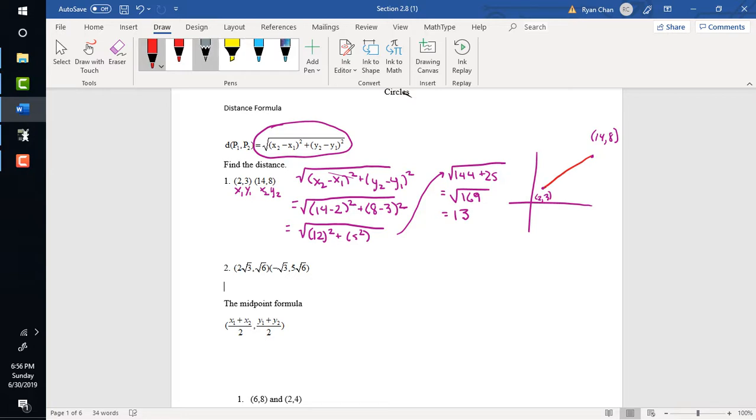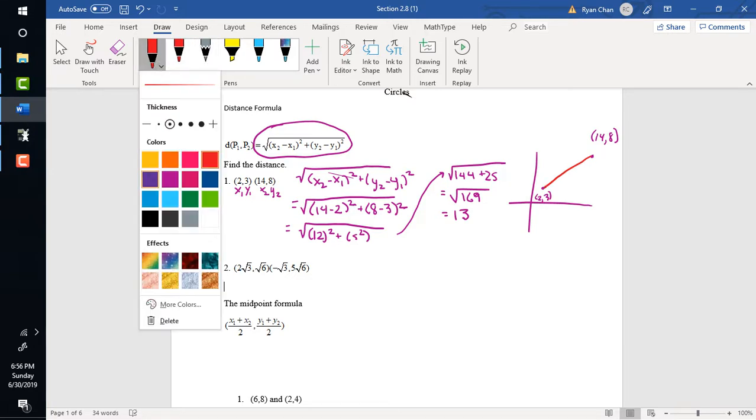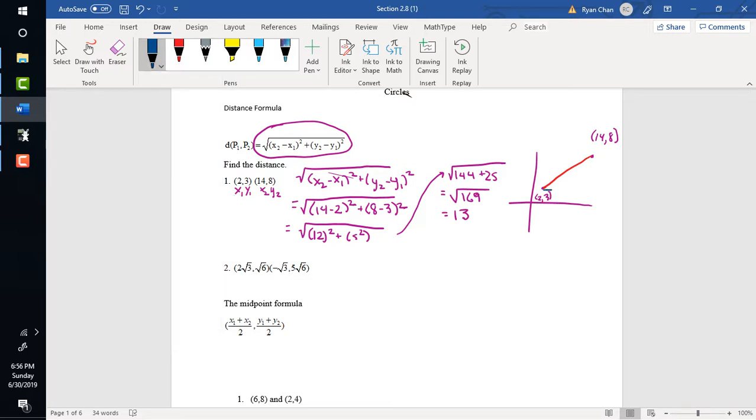Now the thing to keep in mind is we're trying to find the horizontal distance along with the vertical distance. If you think about this, what we're actually doing is the Pythagorean theorem, which is a, b, c, or a squared plus b squared equals c squared.